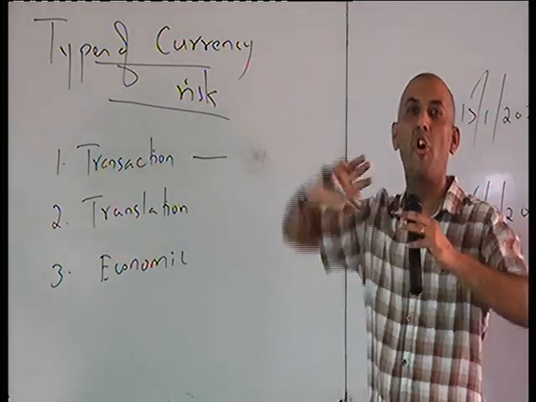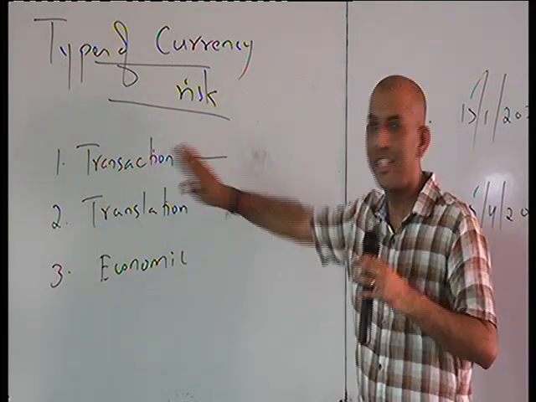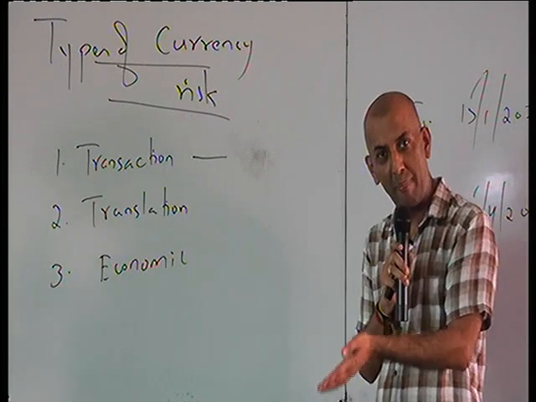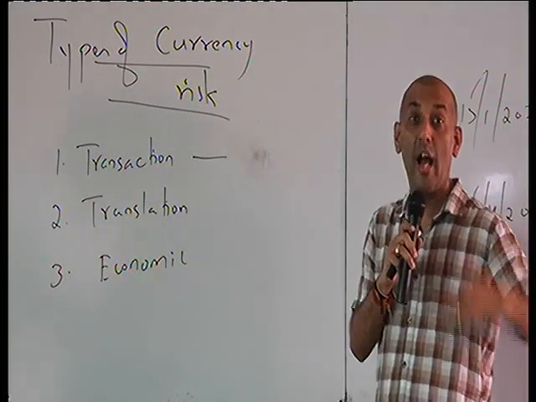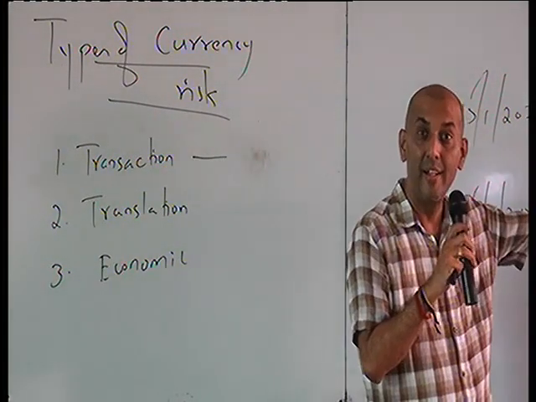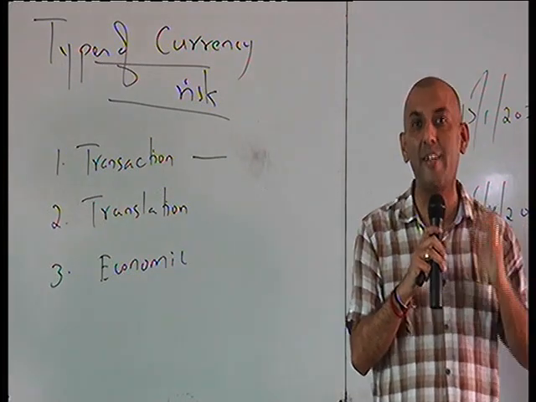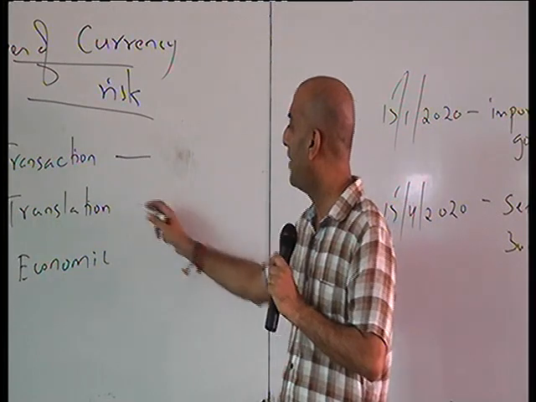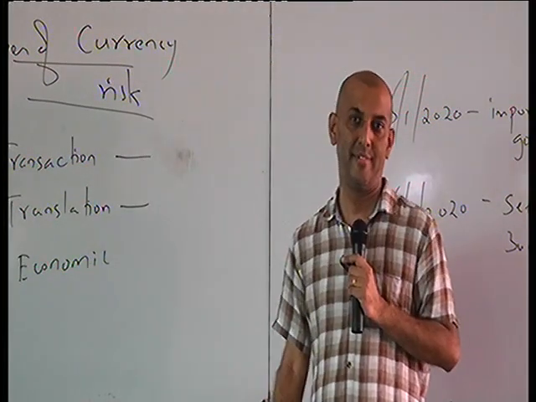All the companies talk today about transaction risk. I bought it in January, I have to settle in April, I am exposed to higher exchange rate impact. I am exposed to risk. What risk? Transaction risk.